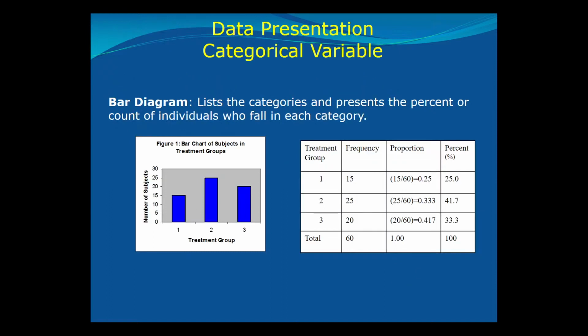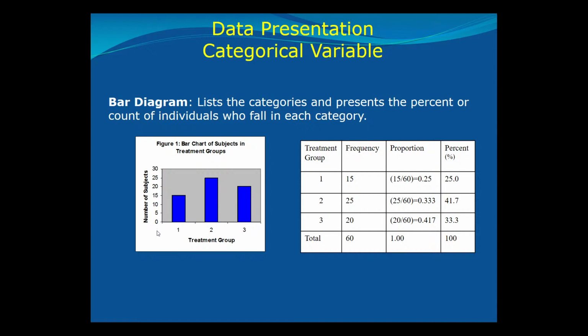For a categorical variable, as usual, a bar diagram is possible. Bar diagram lists the categories and presents the percent or count of individuals who fall in each category. Look at this graph. For each graph, it is necessary to type a title, for example, bar chart of subjects in treatment groups. And you need to type axis names.